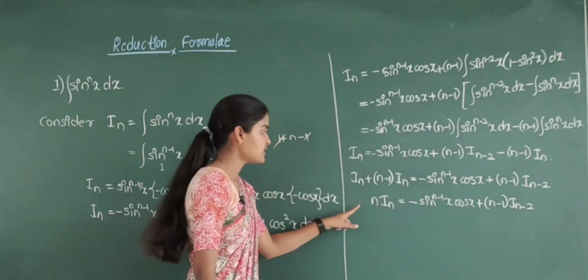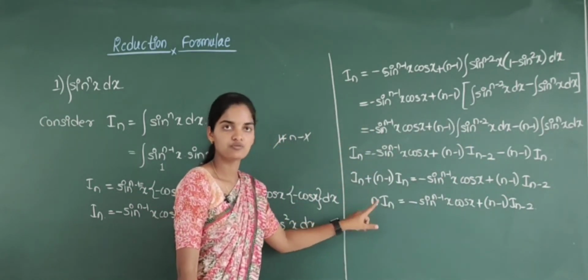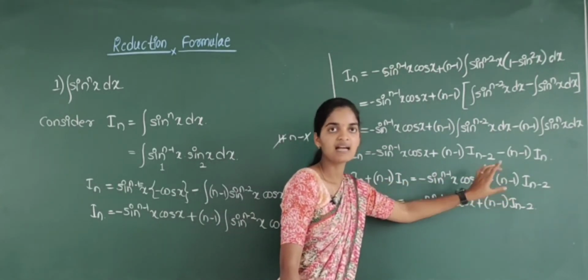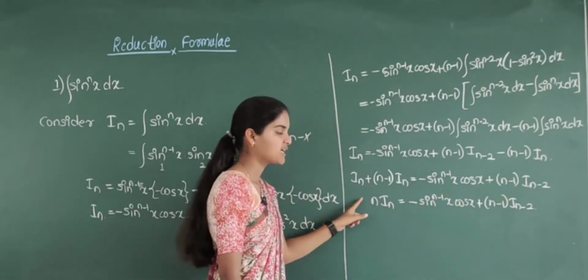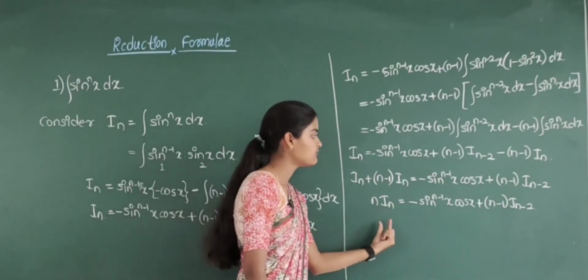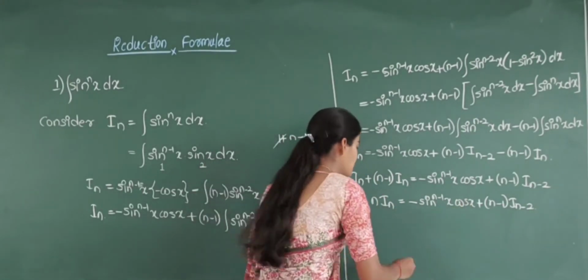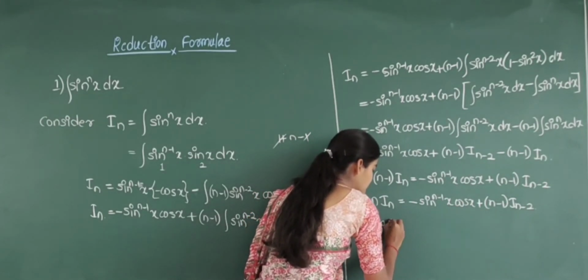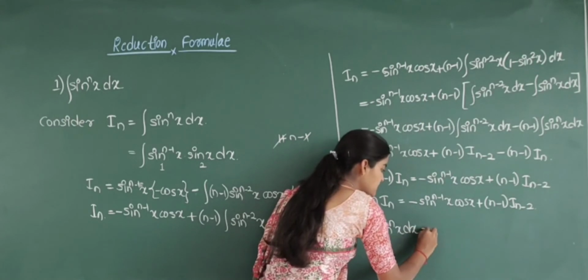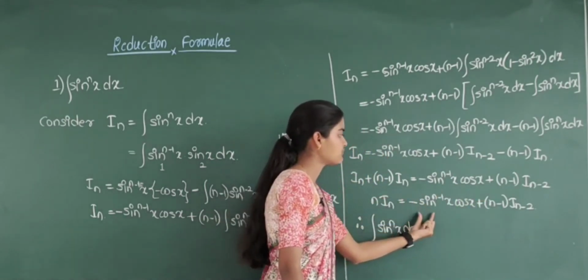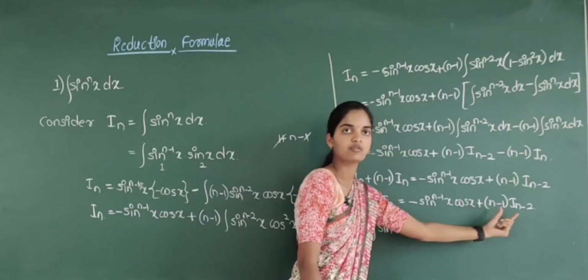Now this is our required reduction formula. Or if you want to take it in the form of integration of sine, I can write IN as the integration of sine, and take this n to the other side. Therefore I can write the integration of sine raised to nx into dx is equal to, as there is an addition of two terms, you have to divide both terms by n.